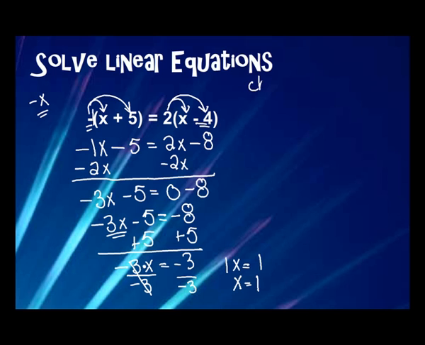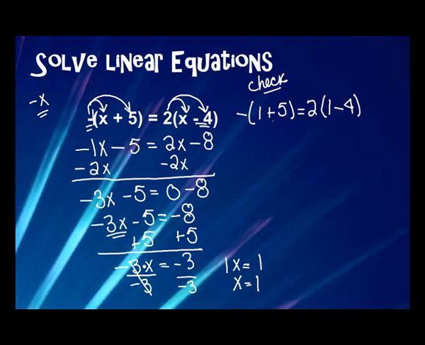Now we better check this just to make sure that we're right. Everywhere there's an x, I'm going to put a positive 1. So I'm going to rewrite my equation: negative, parentheses, now x is 1 plus 5 equals 2 parentheses. Now once again, x is 1, 1 minus 4.